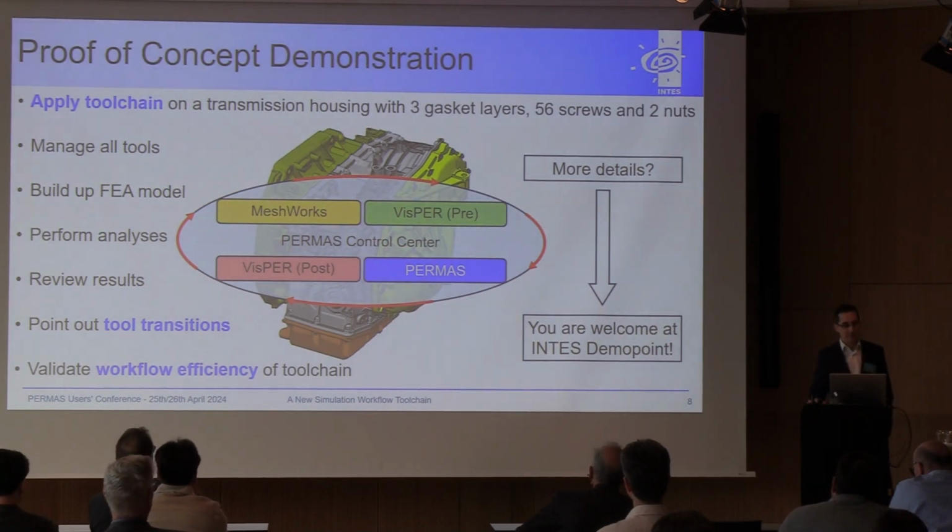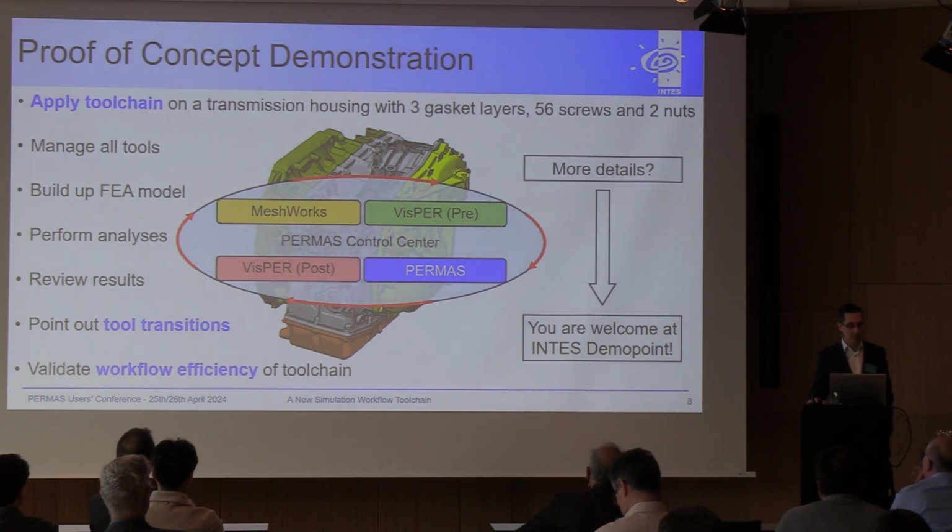For the proof of concept, I want to apply the complete tool chain, which is shown here, on a transmission housing. Just a demonstration model. We included here some gasket layers as sealing parts, and of course we had a lot of screws in this model of different sizes.